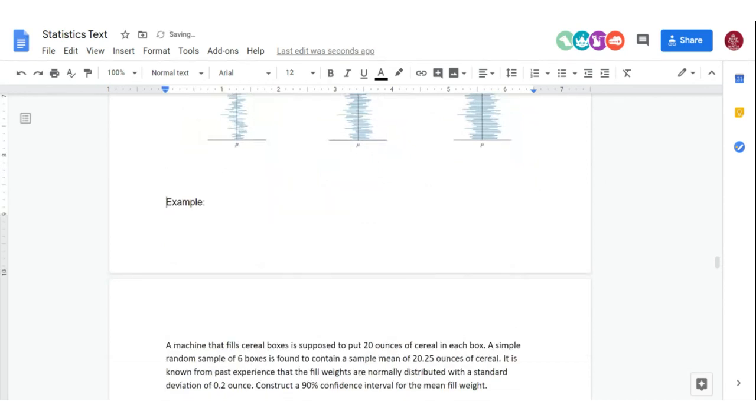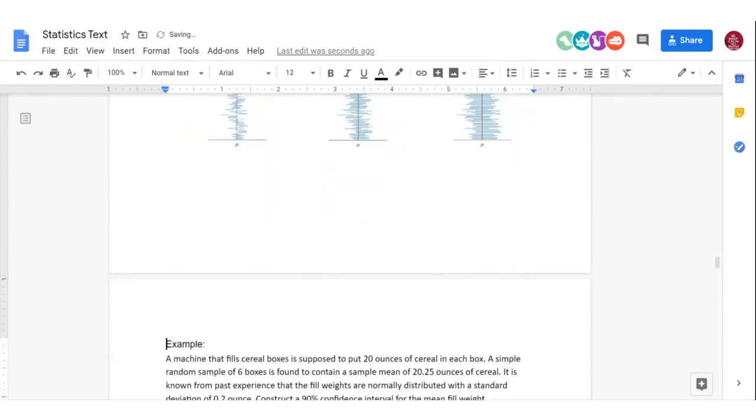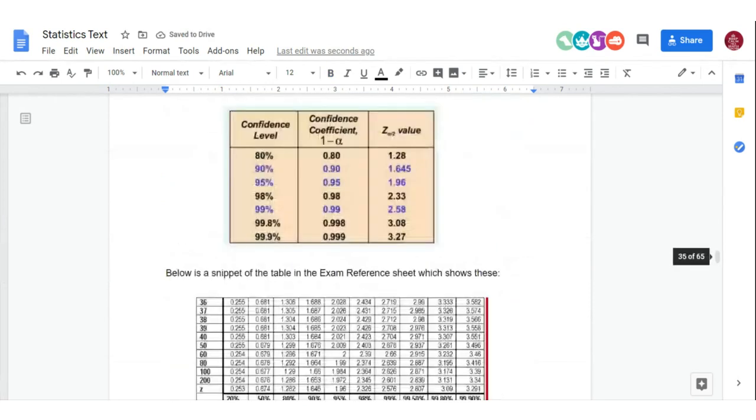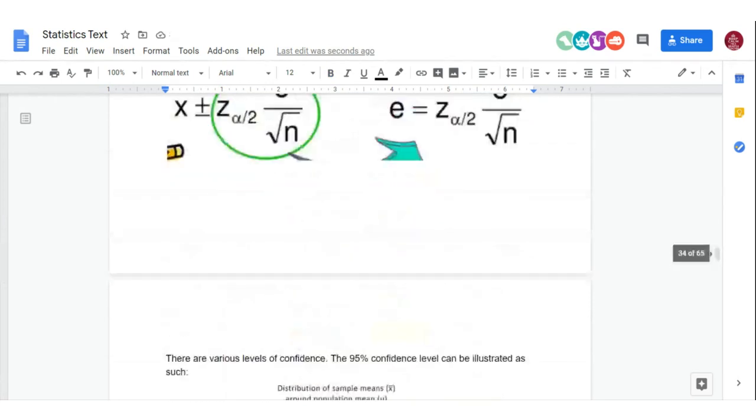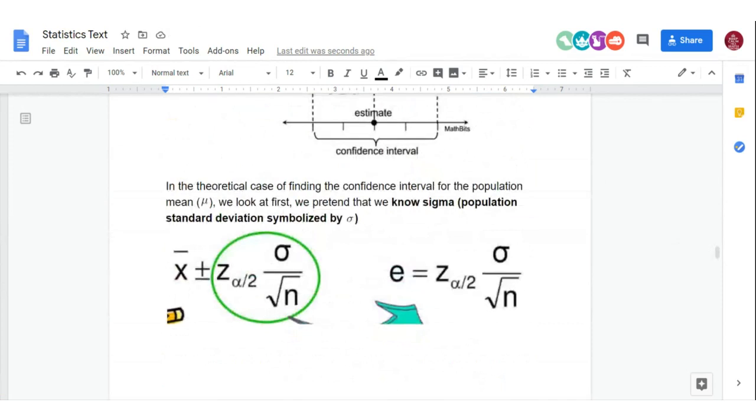All right, so let's look at this example. Now, I want to go back and reiterate something. Right up here, I didn't really key on this, but this is what I call the theoretical case. This is useful because this is how pretty much all confidence intervals are done in one general way.